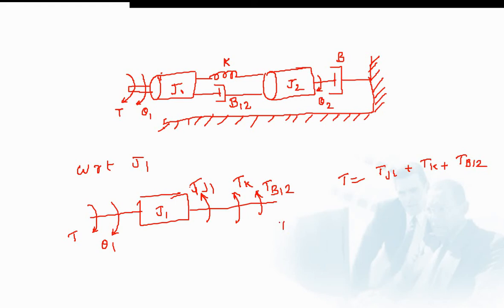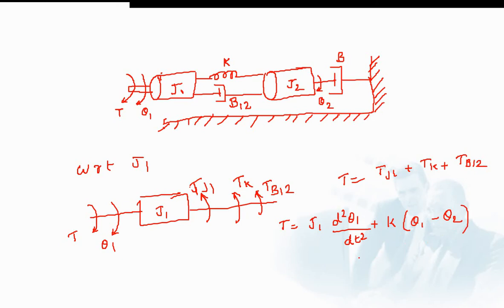Now if we write the differential equation governing this system, T is equal to, what is Tj1? Tj1 is the opposing torque due to moment of inertia J1, which is equal to J1 into d square theta 1 divided by dt square, plus what is Tk? Since K is connected between J1 and J2, Tk will be K into theta 1 minus theta 2.